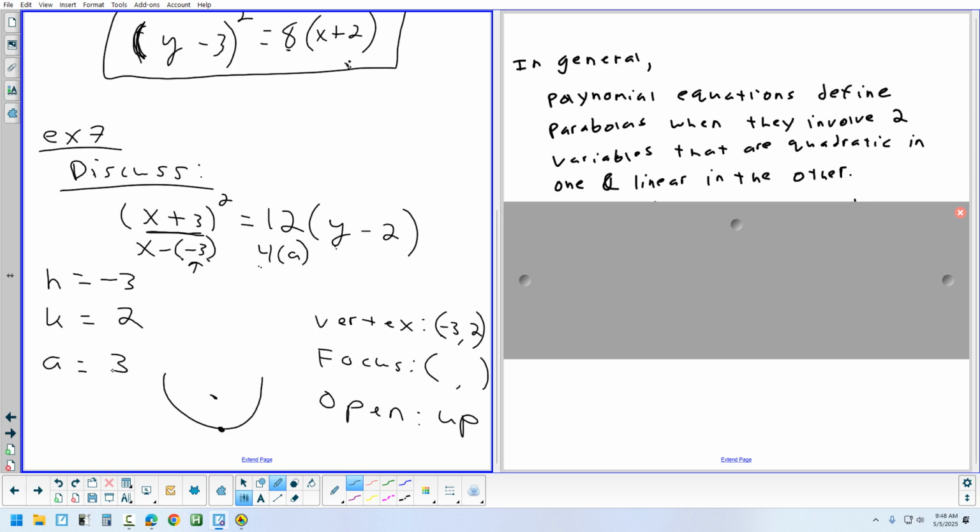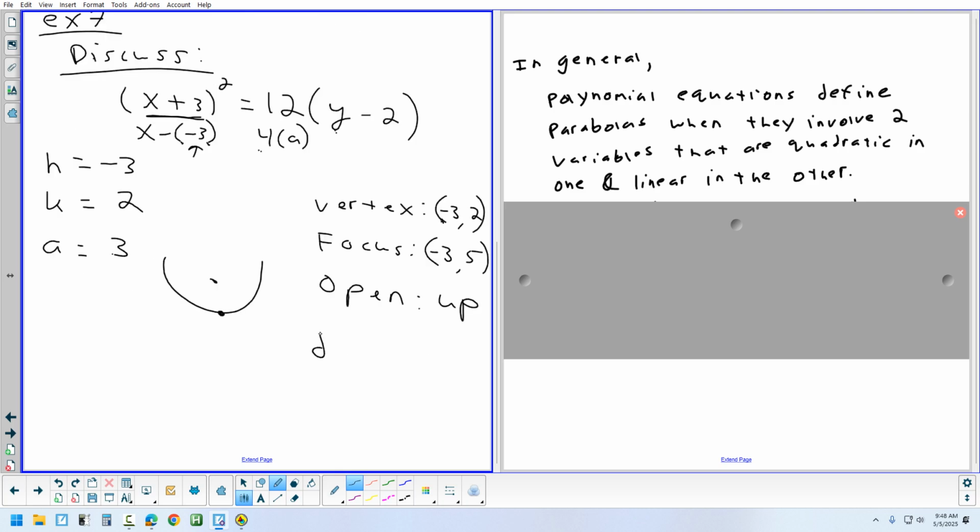What would be 3 units above the vertex? It's -3, 5. That coordinate is 3 units above the vertex. So we got vertex, focus, which way it opens, and directrix.